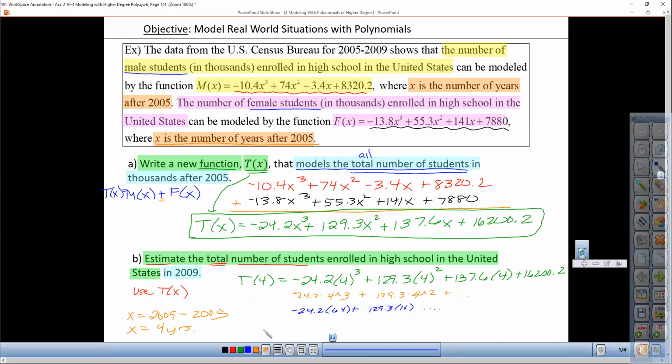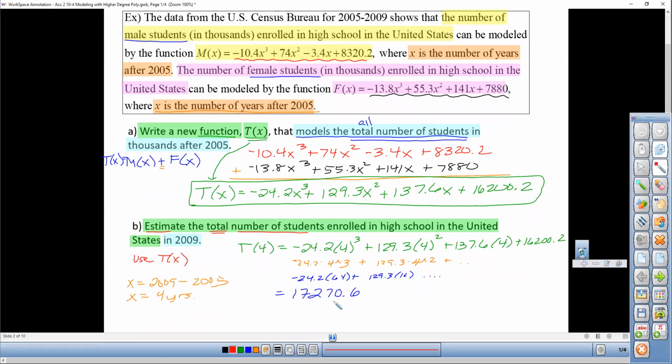Okay, so if you are doing these calculations with me, hopefully we're agreeing. I have an answer of 17,270.6. Now, here's where we ask ourselves, does this seem like a reasonable answer?